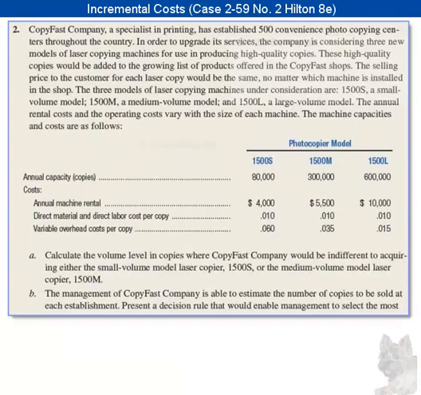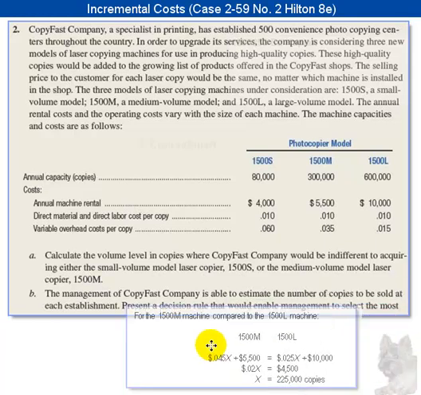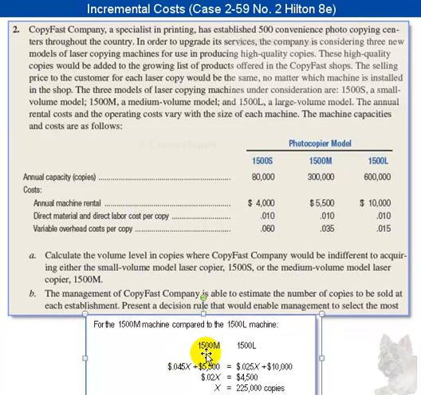Okay, now I've put the screen back about where it was before, and we're going to do the same analysis of the medium to the large. And on this one I've got a smaller solution to show you, so I can put it just down here. And what you see is now we use the exact same technique. We compare the large, which was 25 cents, right, the sum of the 10 and 15, 0.25x plus 10,000, to the medium, which was the 0.45x plus the 5,500 cost.